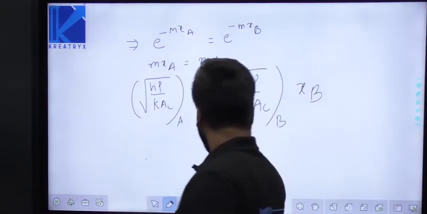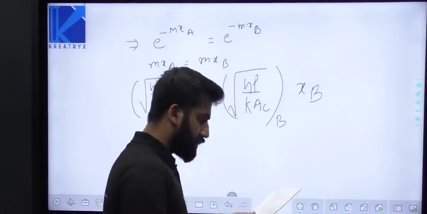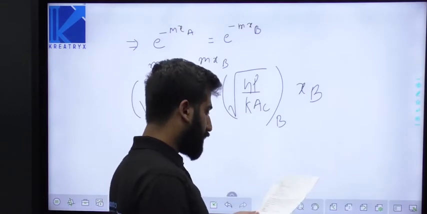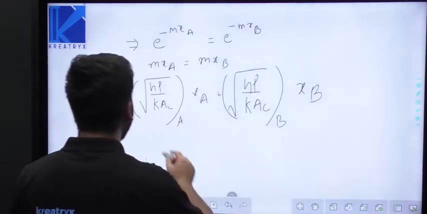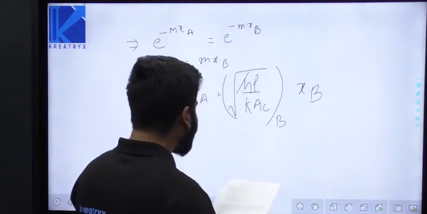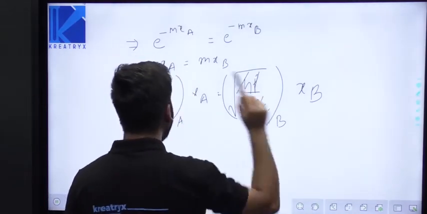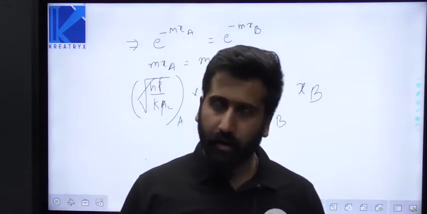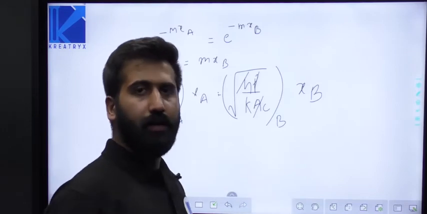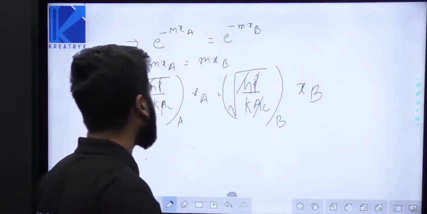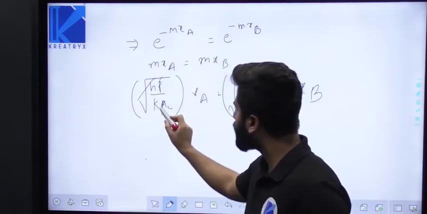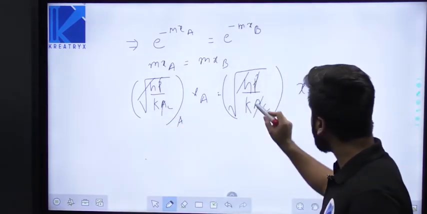Now it is given that the heat transfer coefficient is same for both the cases, so this gets cancelled out. Diameter is same, so P and Ac will get cancelled out, because it is a cylindrical rod, and for a cylindrical rod perimeter is pi d and the cross section area is pi by 4 d square. Diameter is same, so this and this get cancelled out. So this is xa upon root ka and this is xb upon root kb.